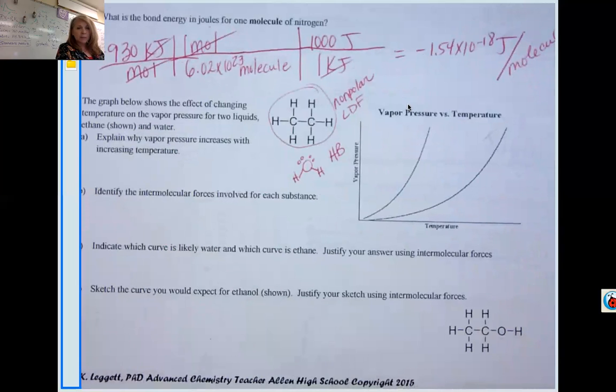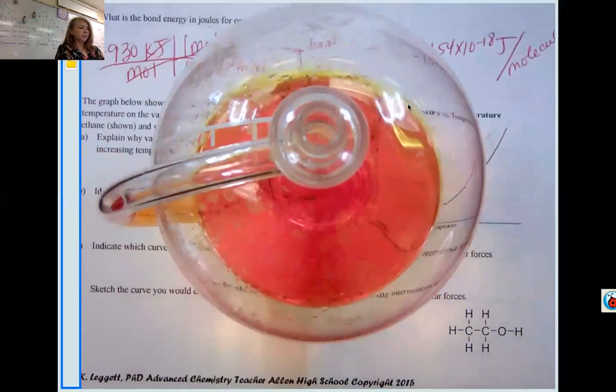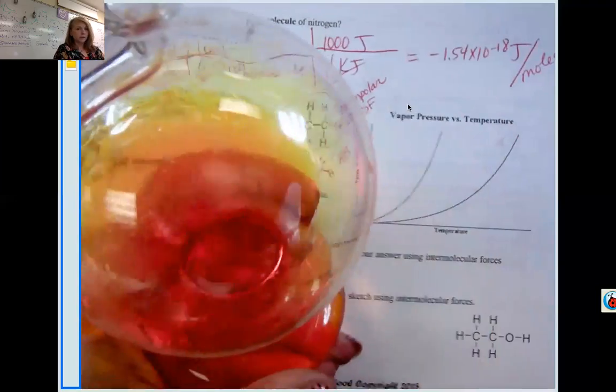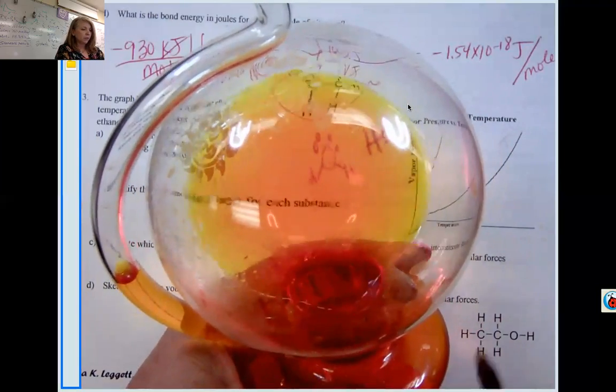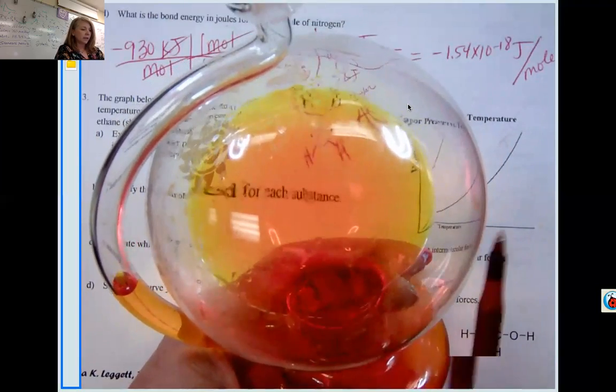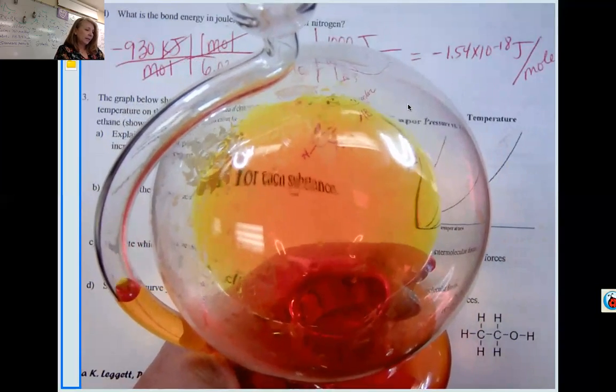It says, explain why vapor pressure increases with increasing temperature. First of all, you need to understand what vapor pressure is. If I put my little globe up here, this globe has some air in the top part of it, but it also has some water molecules that have been captured because they're constantly changing into a gas and then going back down into the liquid.